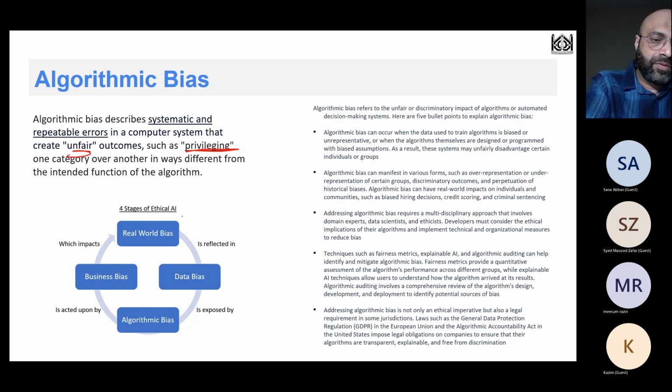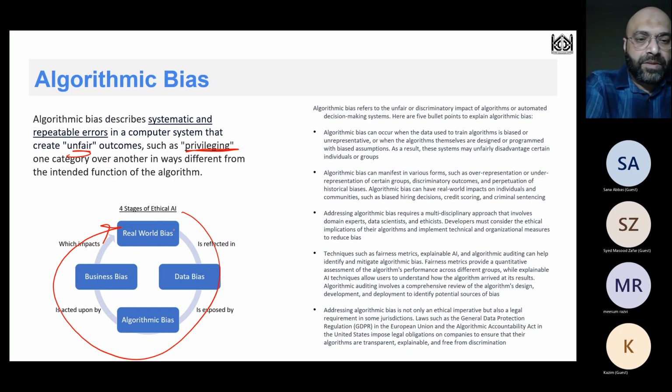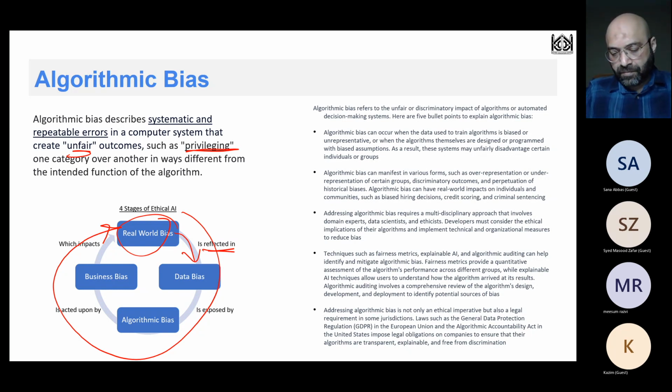So if you look into the cycle here, one is the real world bias that is reflected in our data bias. So whatever is the real world, let's say there is a racial ethnicity bias against a certain specific ethnicity.